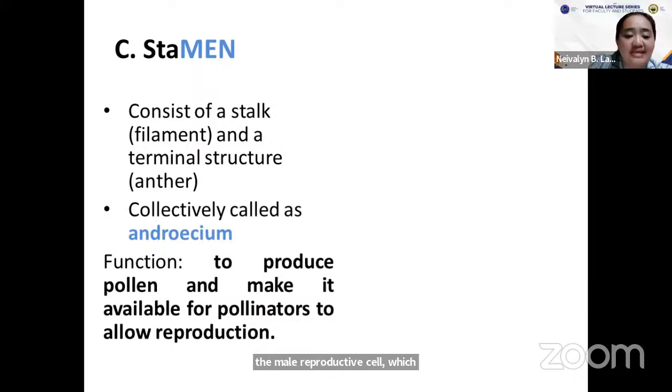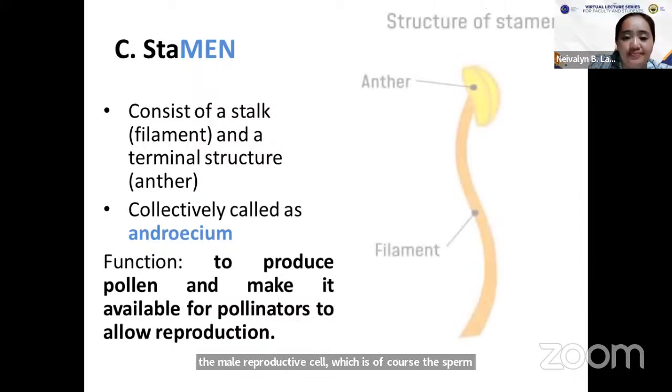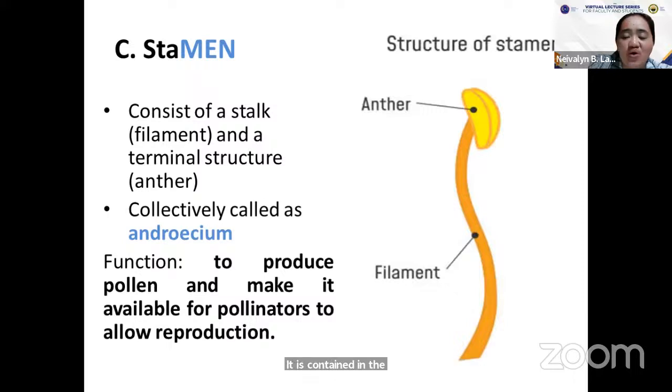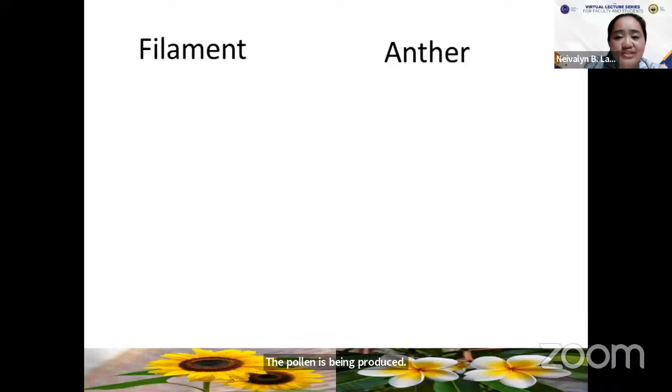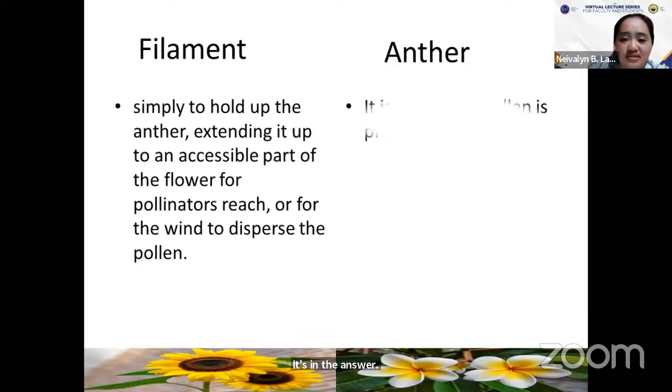This is how we see the stamen. We have the anther here, and the filament, which is just the stalk. Its function is to hold up the anther. It's in the anther that the pollen is produced.